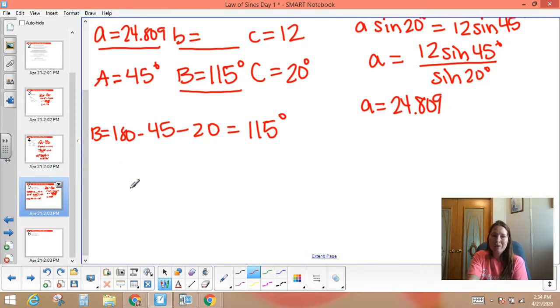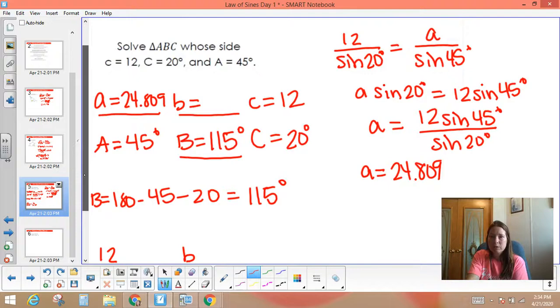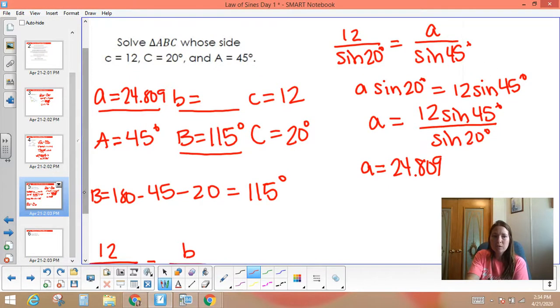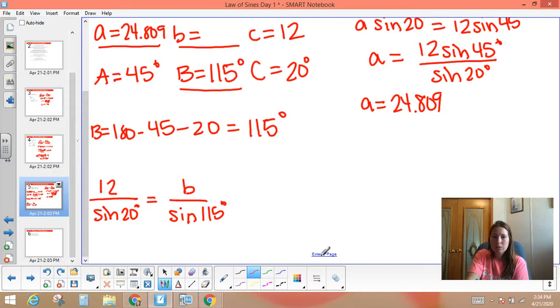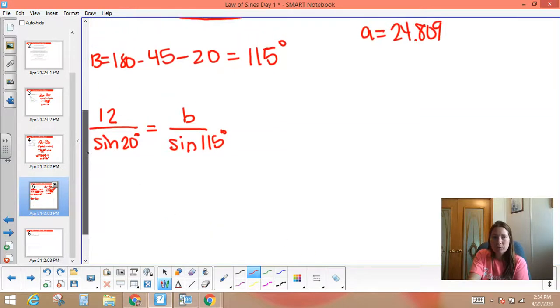So we're going to go back and use the fact that we were given both things from C. So we can set up 12 over sine of 20 is equal to, now we're looking for B over sine of 115 degrees. All right, so instead of writing all of this out like I did over here, I'm going to go with a little bit of a shortcut, and it's not really a shortcut. You're doing all the math.